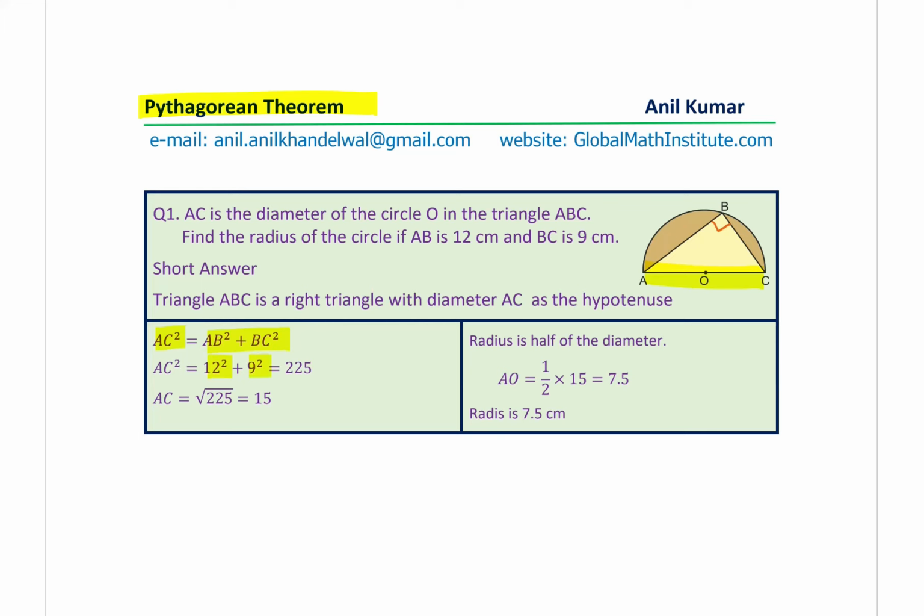Substituting 12 and 9 and square rooting, we get 15. The radius is half of that, correct? So half of 15 is 7.5. That becomes the radius for us. Right. Now let's move on and take the next example.